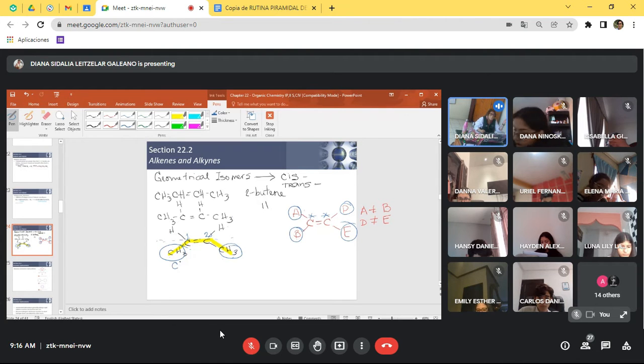So the compound is called cis 2-butene. If the two identical parts are both below or both above the double bond, they are called cis 2-butene.